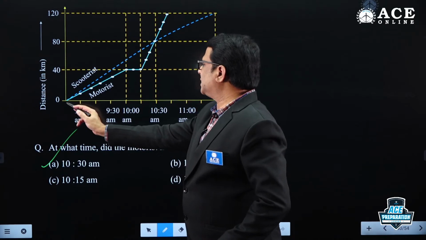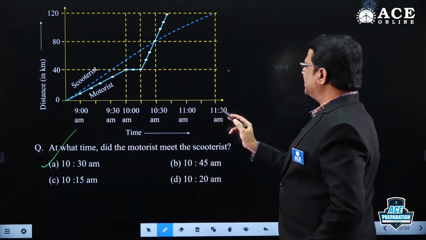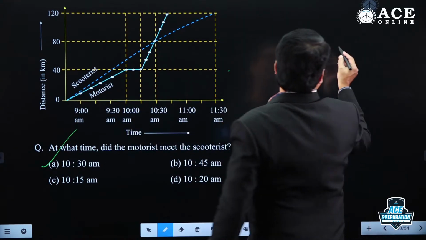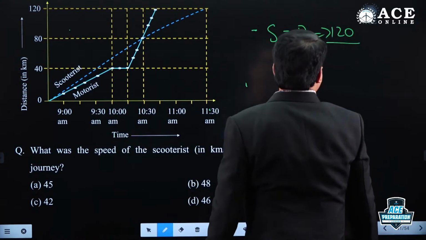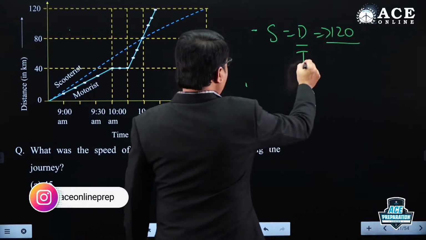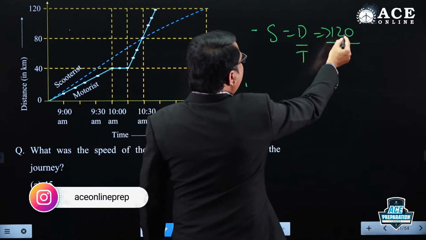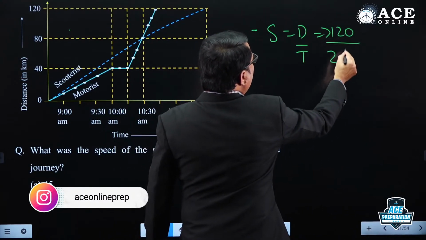So they are starting at 9 o'clock and ending the journey at 11:30. That means totally 2.5 hours. Okay, so speed equals distance by time. Distance is 120 and time is 2.5 hours.